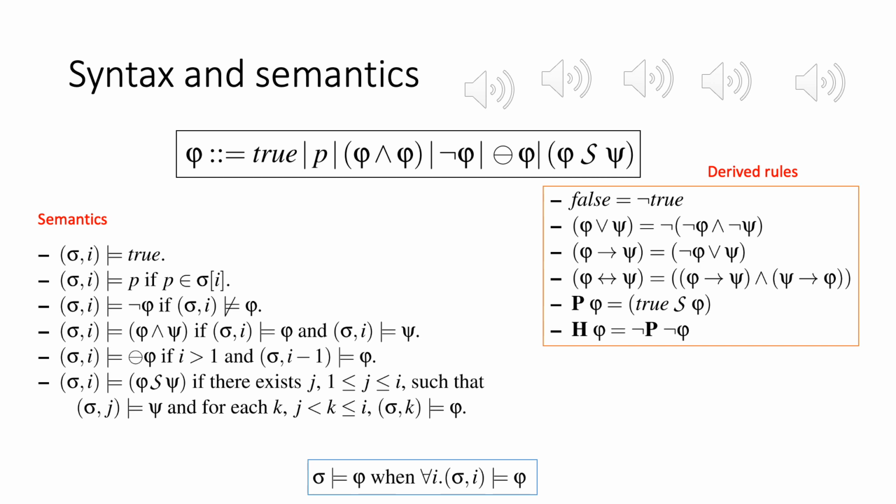A finite trace satisfies a formula if it is true in all positions. To the right we see a set of derived formulas, the standard Boolean ones and then the last two. Past phi, the letter P, meaning that phi is true sometime in the past. And history phi, the letter H, meaning that phi is always true in the past.